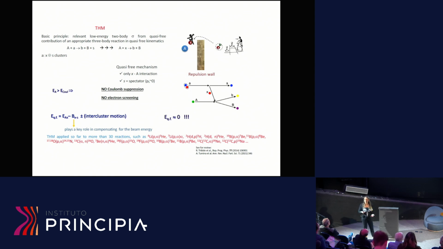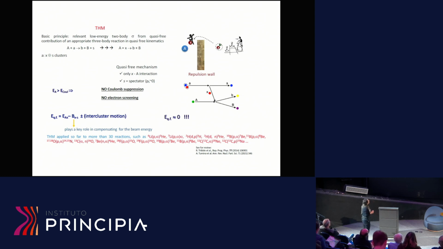So with this technique, you are also able to populate states below the threshold, so really to study bound states, because what you are measuring is the exit channel. This is on shell, of course.